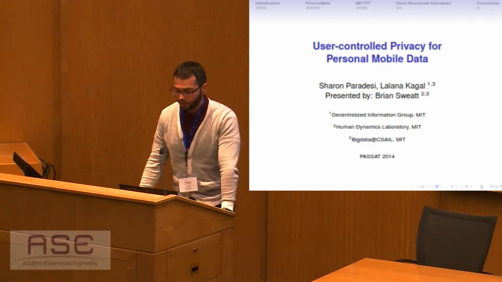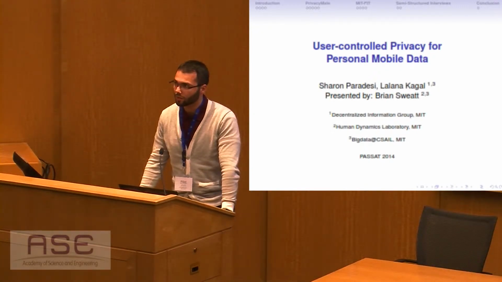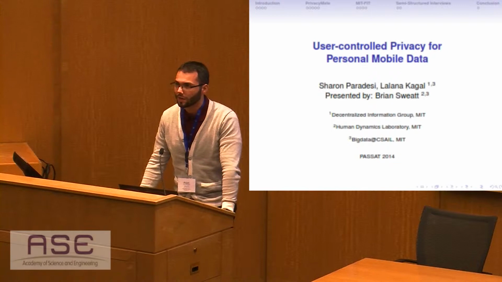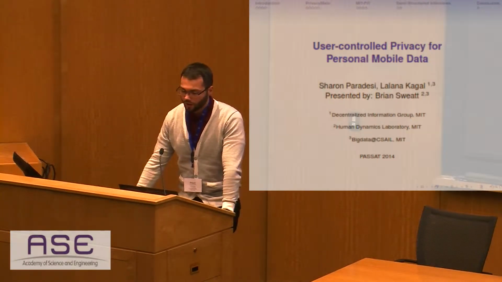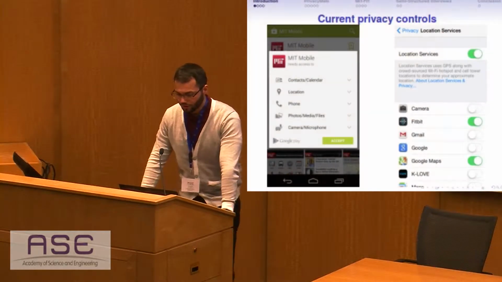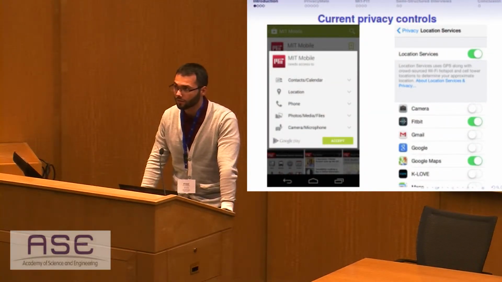I'm going to talk about user-controlled privacy for personal mobile data, in particular, the types of data that mobile applications installed via either the iTunes App Store or the Google Play Store have access to on your device. Looking at the current privacy controls for mobile applications, we see an all-or-nothing approach.